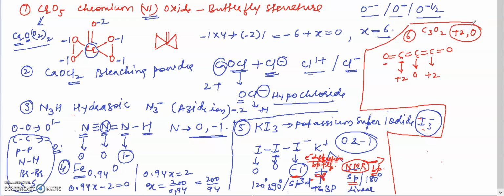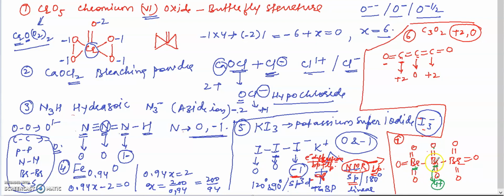What about Br3O8? See here in this Br3O8, this Br, because of this Br will have 0 charge, and this is -2, this is also -2, so this will have 4+.